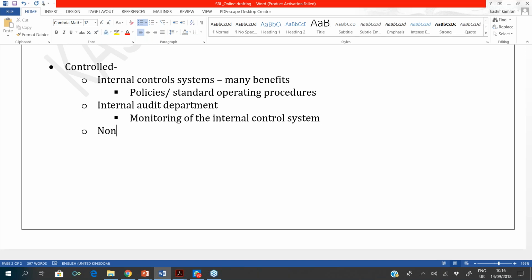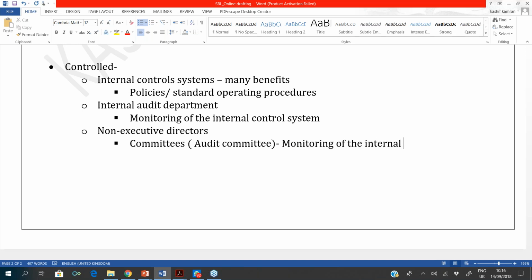Then you also have the role of the non-executive directors. How important non-executive directors are. Because again, the non-executive directors work in committees. So many committees, right? Primarily the audit committee. And the audit committee is a very important committee when it comes to monitoring of the internal control system, and even the monitoring of the internal audit department.